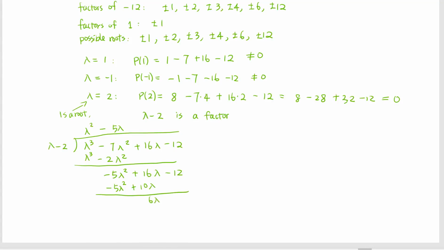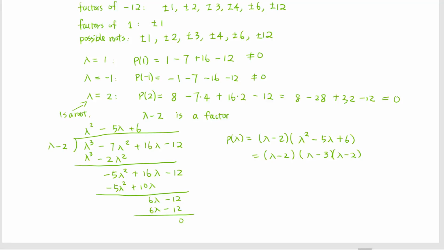And then we have 6 lambda minus 12, so 6, 6 lambda minus 12. Oh, yes. We always get remainder 0 because lambda minus 2 is a factor. So we have lambda minus 2 and then lambda squared minus 5 lambda plus 6. Can we factor it? Yeah, we can factor it with negative 3 and negative 2, right?